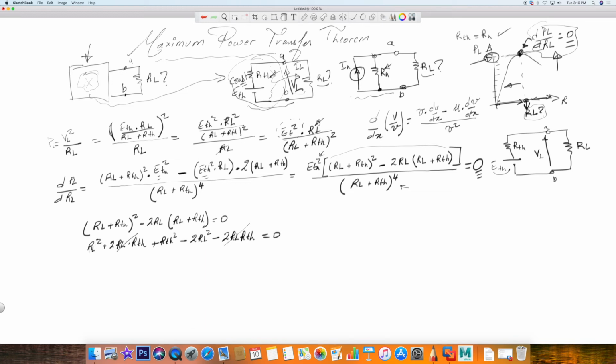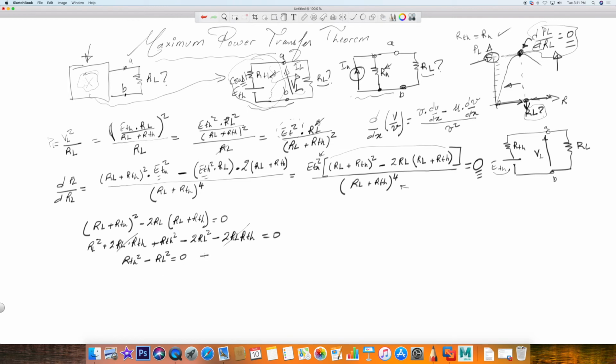And we have RL squared minus 2RL squared. So that's minus RL squared. So that leaves us with RTH squared minus RL squared equals 0. Well, that's fine.